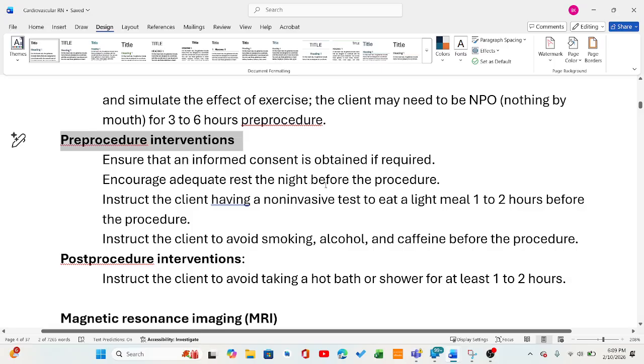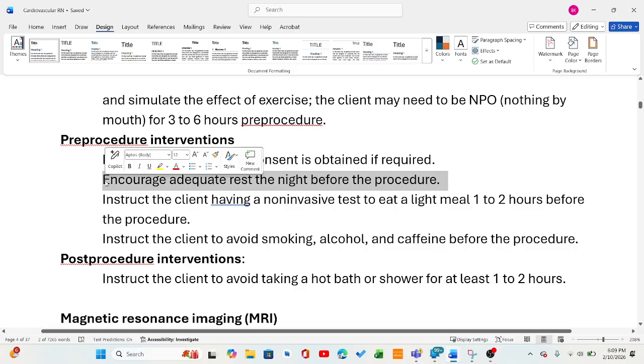Encourage adequate rest at night before the patient goes for the procedure. If they don't sleep enough, then definitely it's going to affect the result because the heart will be pumping. It's just like you have not slept the whole night. When you wake up, you might be getting some palpitation. So make sure that the patient had adequate rest the night before the procedure.